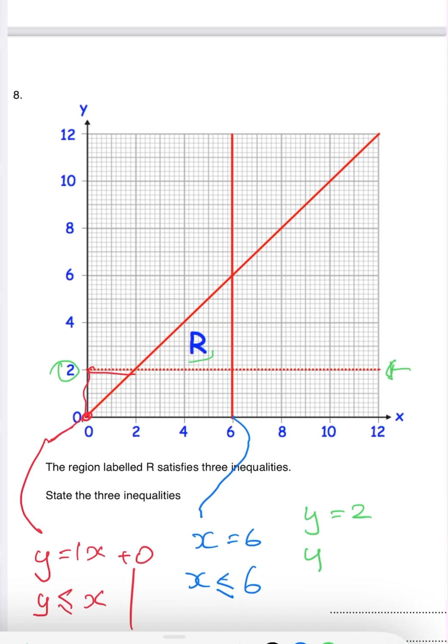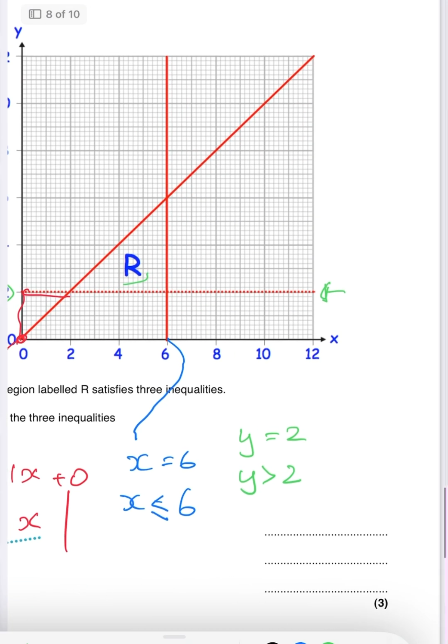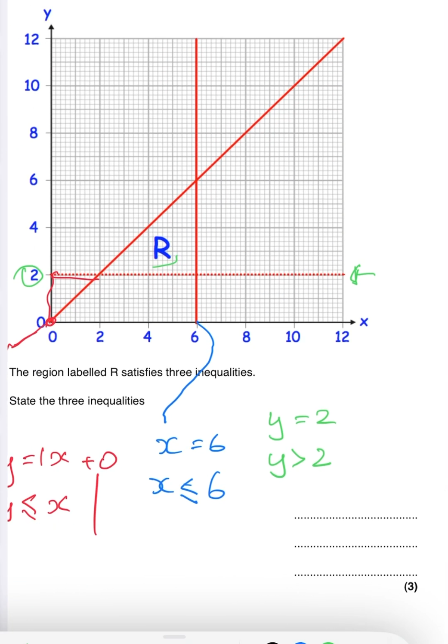So the actual inequality would be y is greater than 2, not equal to. So finally, just to make sure it's nice and clear, y is less than or equal to x, x is less than or equal to 6, and y is greater than 2. And you're done.